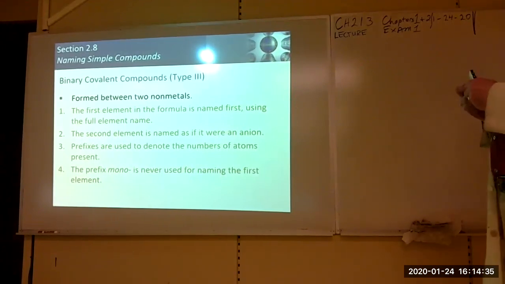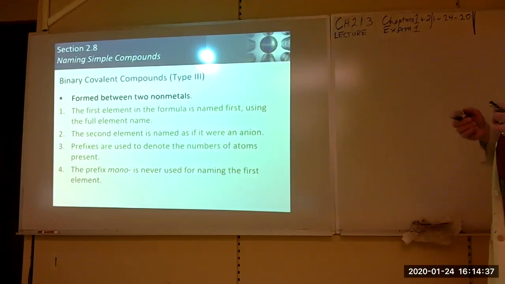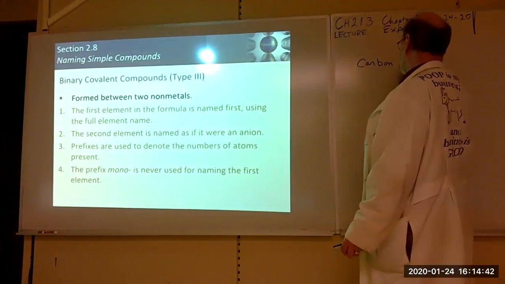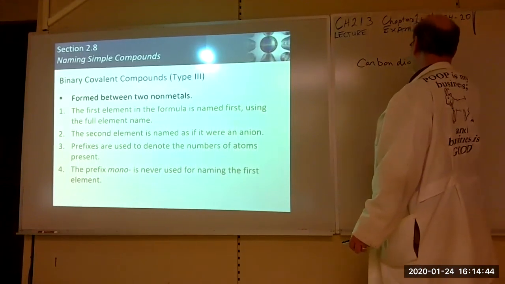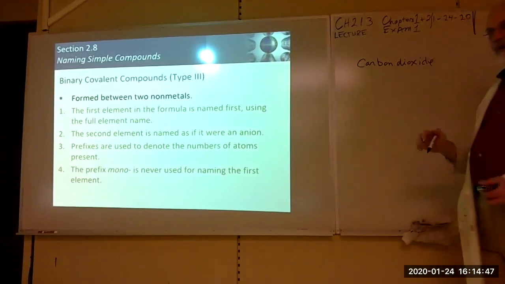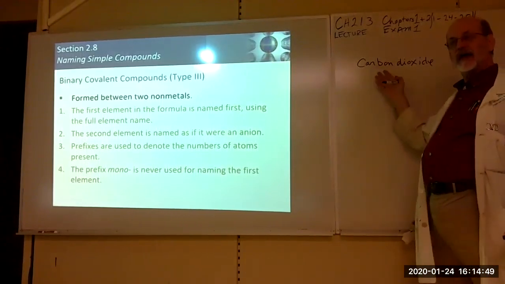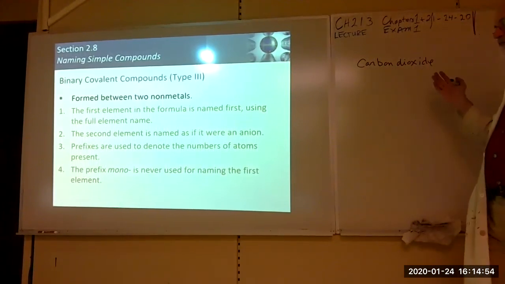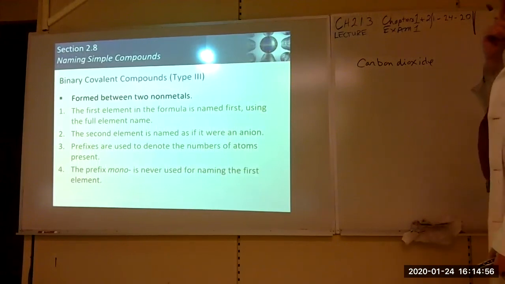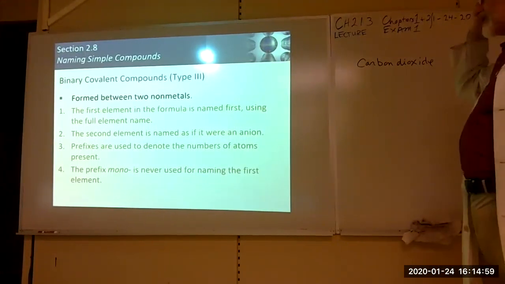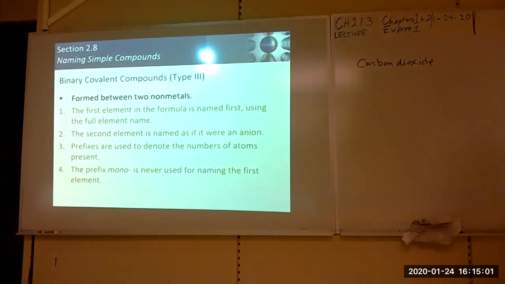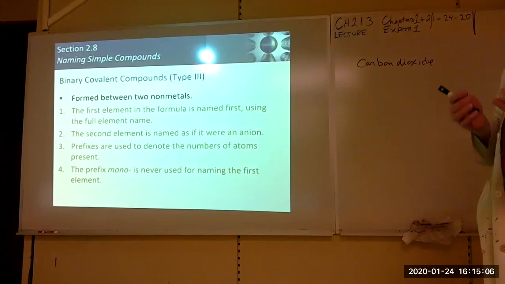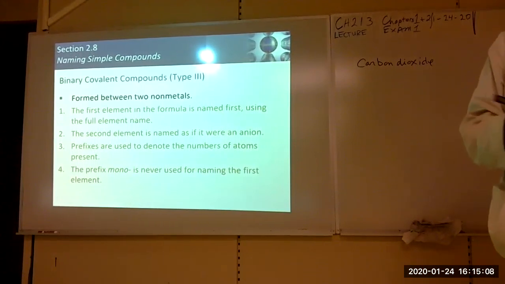Well, if you're working from a name, it's given to you. Right? You're given carbon dioxide. So automatically, this one is considered the cation lookalike and the anion lookalike here. But with type 3 compounds, since you don't have a charge, you have to say how many of each element is in the compound.